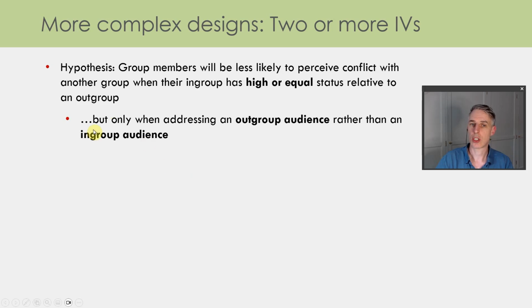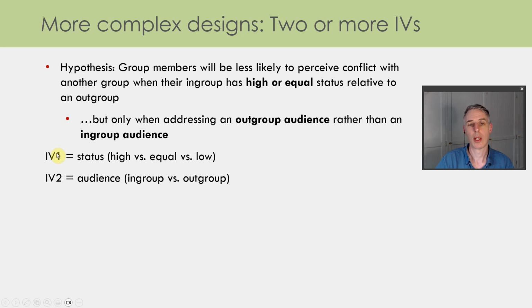But again, we're suggesting here that that's only going to be the case when addressing an outgroup audience rather than an in-group audience. In other words, that effect of status is going to be moderated by the audience to which we think our responses are being addressed. There'll be an interaction effect. So again, we've got 2 independent variables, status and audience, but this time, rather than 2 levels, status has 3 levels.